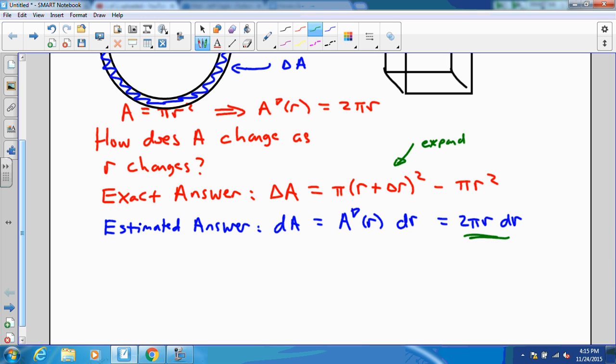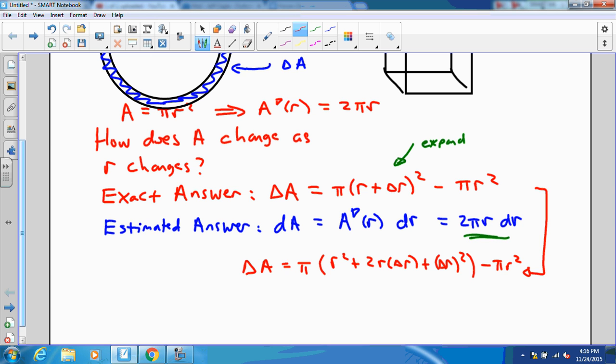But there's an interesting connection between the two, and that is this. Let's take a look at what would happen if we did expand this. If I expand the square, I get r squared plus 2r delta r plus delta r squared.